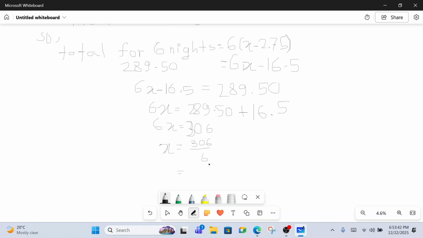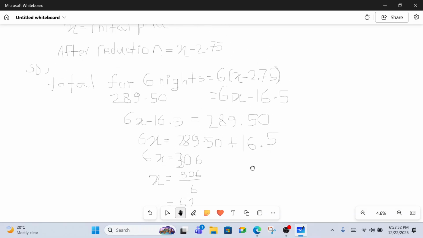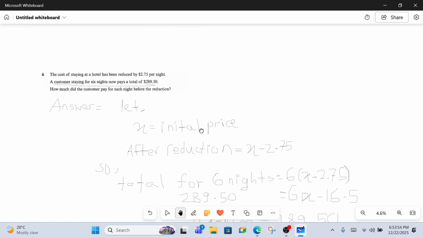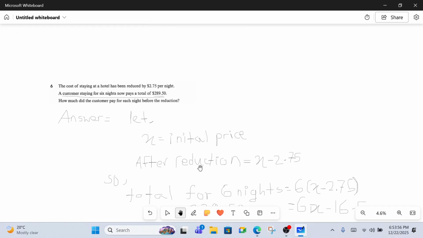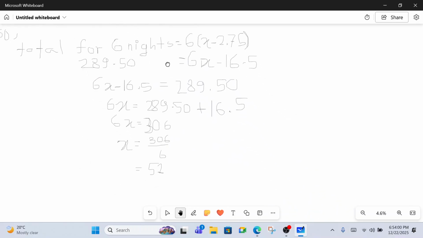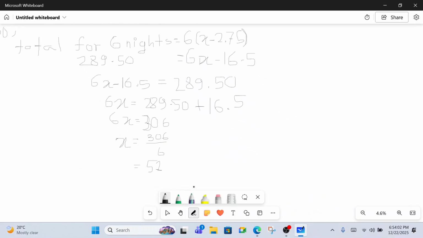Now just take your calculator out and solve this. You should get an answer of 51. And there you have it. Initial price: how much did the customer pay each night before reduction? This was their initial price, so you can write $51, sorry, not 5, it's $51 each night before reduction.